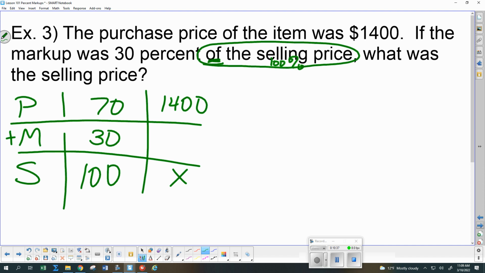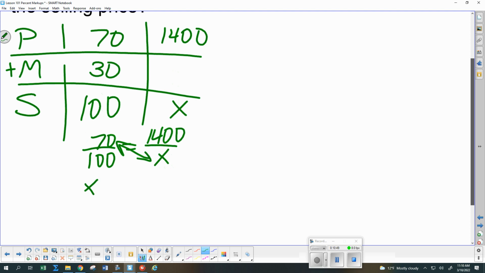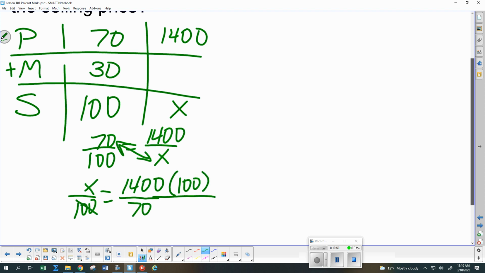And then I could go across, or I could just say 70 over 100 is 1400 over X. Switch out that diagonal, and I have X over 100 is 1400 over 70. Multiply both sides by 100. Simplify that whatever way you like. 20 times 100 is going to give us 2,000. It is dollars, and that is the selling price.